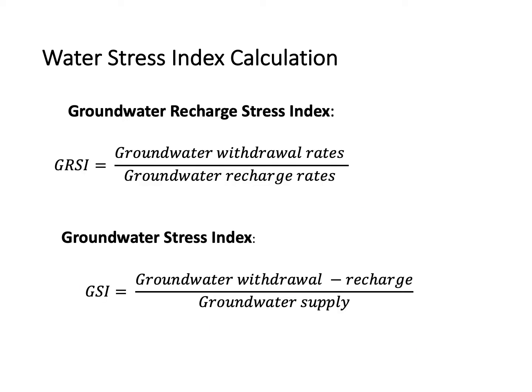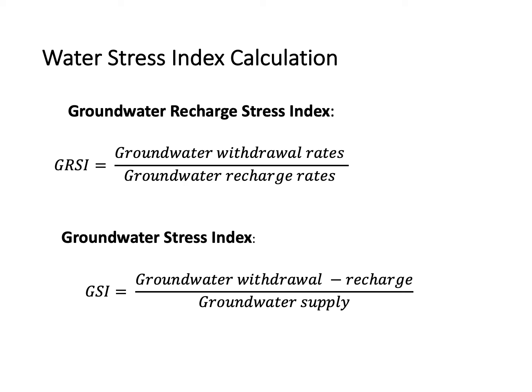So the groundwater recharge stress index is calculated the same way as the surface water stress index. The groundwater withdrawal rates are pretty straightforward. These values are provided by USGS. So this is a cumulative water withdrawal, groundwater withdrawal values from USGS, divided by the groundwater recharge rates.